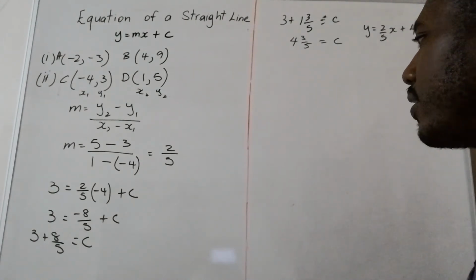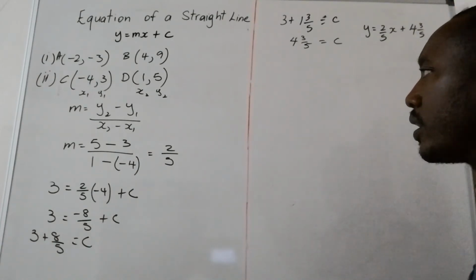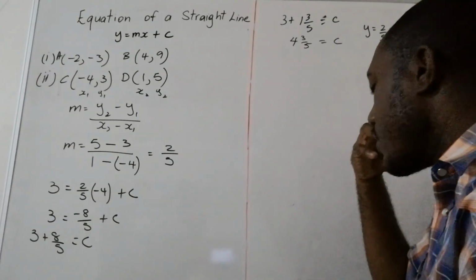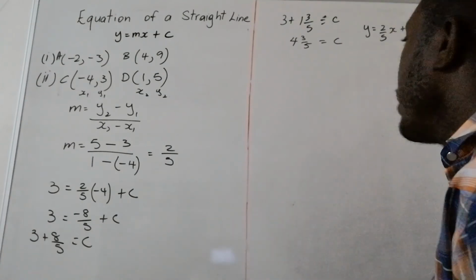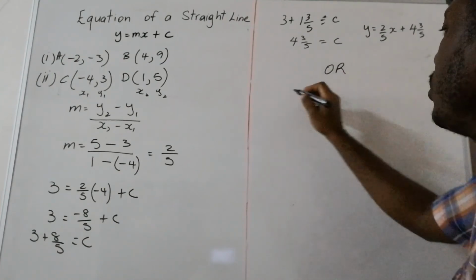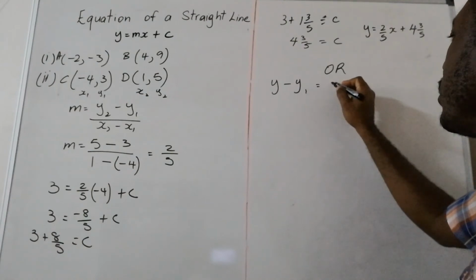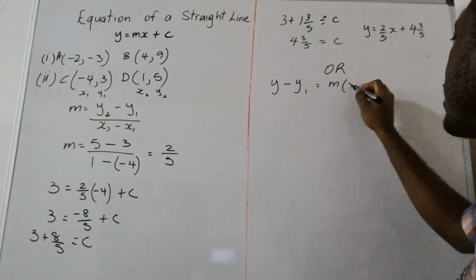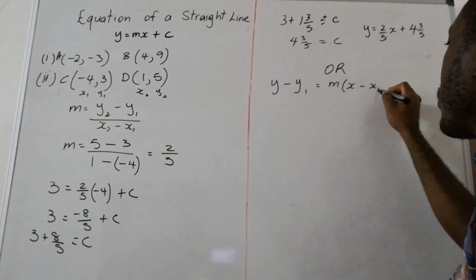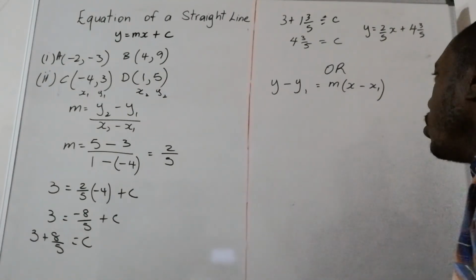So let's find now our second value. Let's use our second method to find the equation of the straight line. We said we could use y minus y1 is equal to m times x minus x1, and x1, y1 could be either of the 2 points.